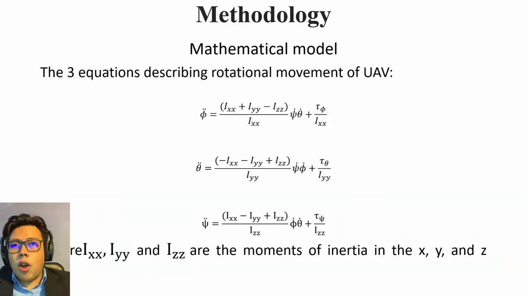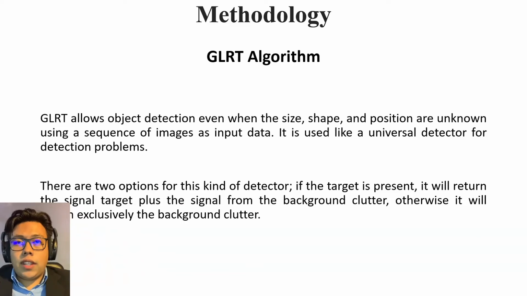GLRT allows object detection even when the size and position are unknown, and it is like a universal detector for detection problems. There are two options for this kind of detection.